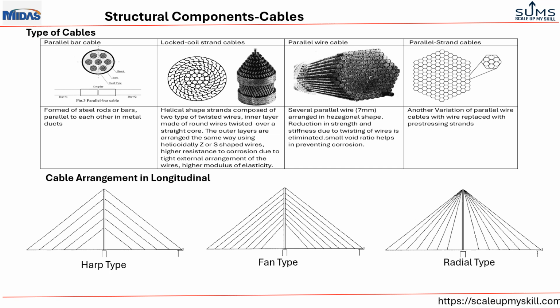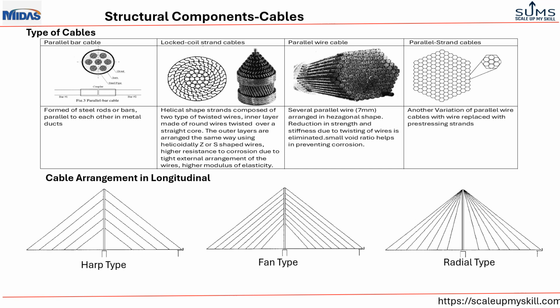Another structural component are cables, and cables are basically four types: parallel bar cables, locked coil strand cables, parallel wire cables, and parallel strand cables. In parallel bar cables, the steel rods or bars are parallel to each other and they are basically encapsulated into a metal duct, and grout is filled in between.